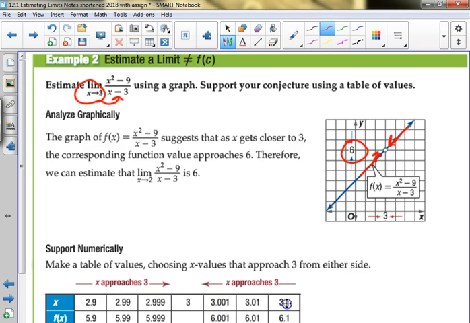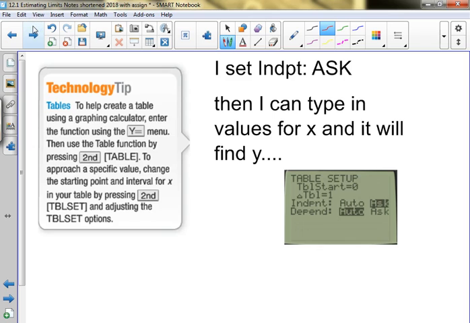And on the other side, 3.1, 3.01, 3.001. In both directions, this is approaching 6, okay? Even though this graph is undefined, there is no y value of 6, because you'd have to put in an x value that is undefined. You can still say it's getting very close to 6. It has a limit of 6.